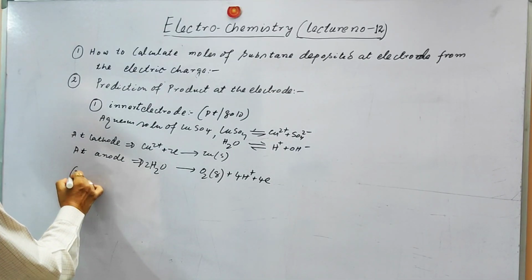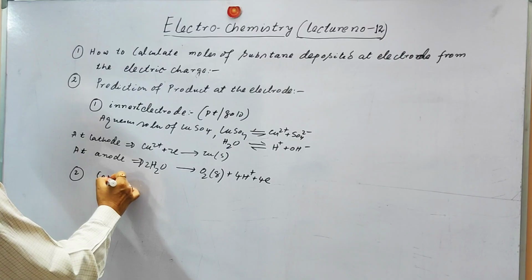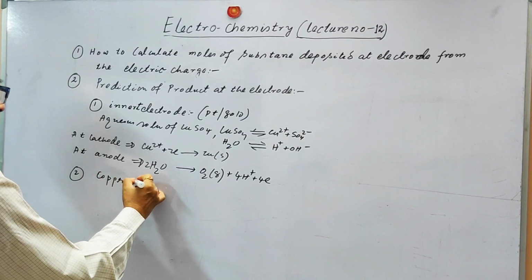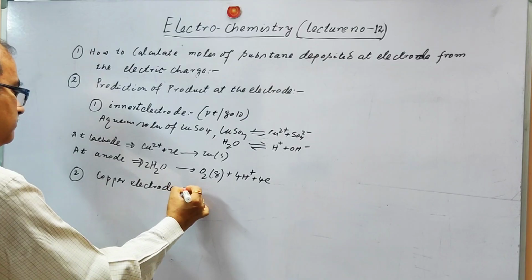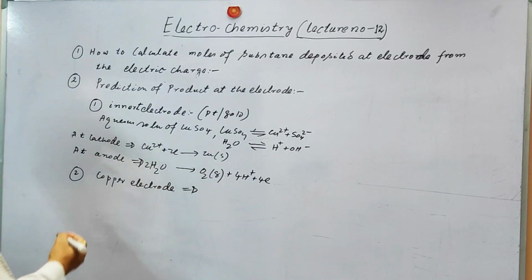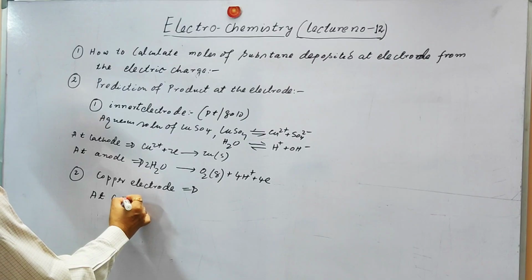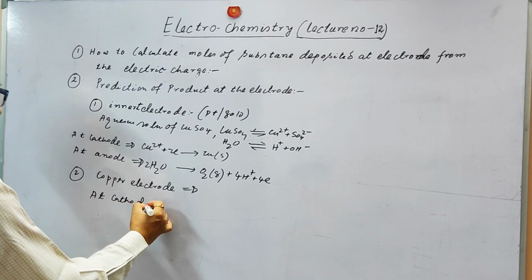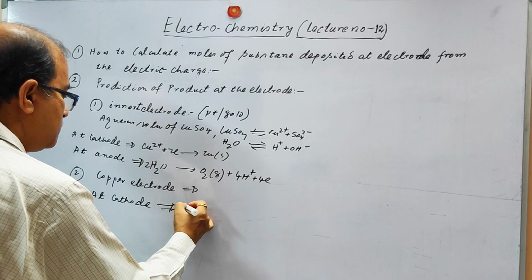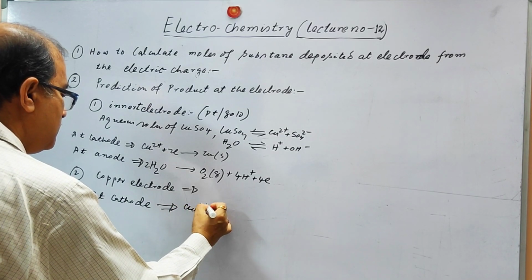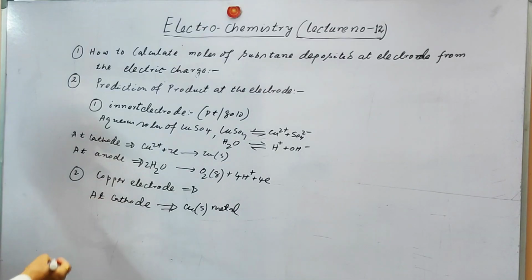But in case we use the copper electrode, then what is going to happen? Let us understand. In the case of the copper electrode, at the cathode we find the same thing, copper metal, the same reaction.